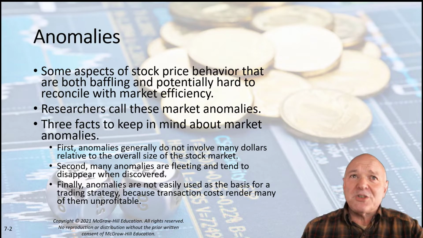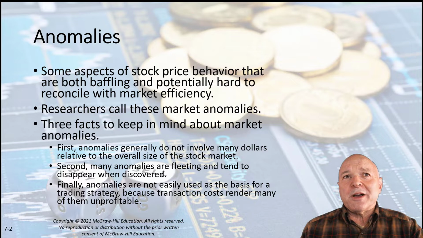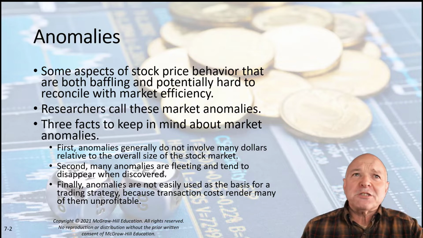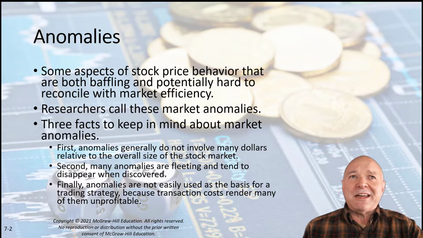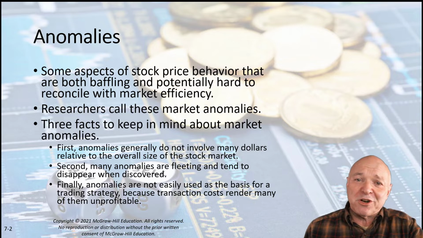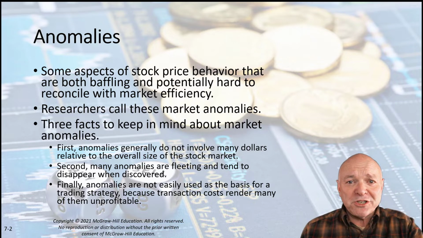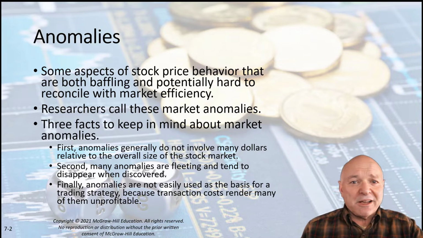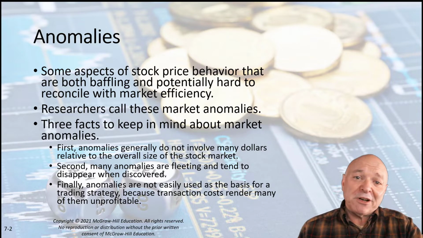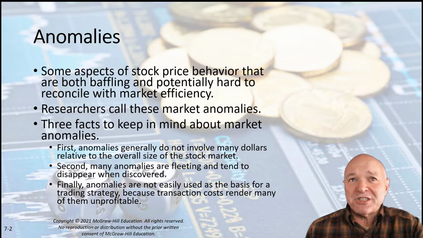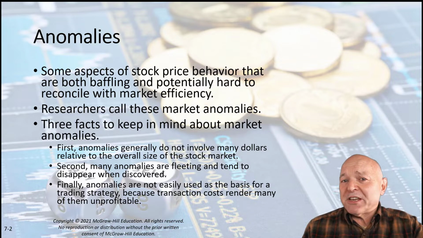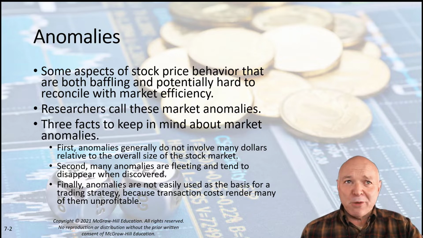Anomalies are described as incidents where aspects of stock price behavior are baffling and potentially hard to reconcile with our understanding of market efficiency. Essentially, patterns may appear in the market that allow investors to capitalize on that bit of inefficiency. We call these market anomalies, and there are three important things to remember about all kinds of market anomalies.